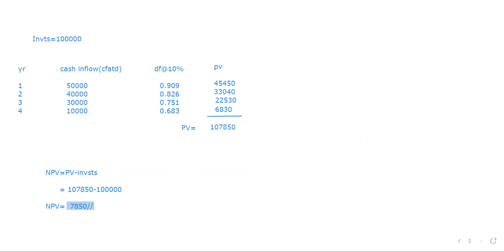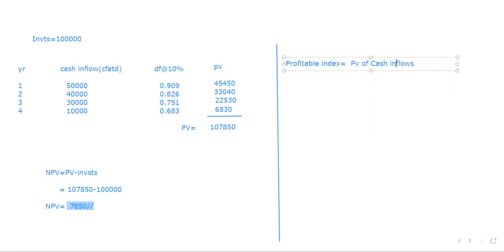Now again, if I'm going to use my profitability index, what is the formula I said? Profitability index is equal to PV of cash inflows divided by PV of cash outflows.